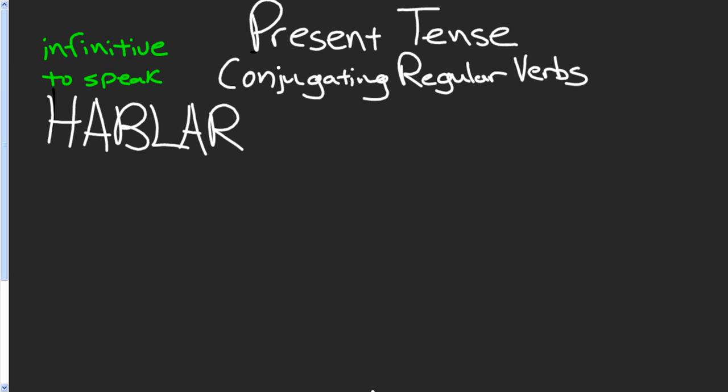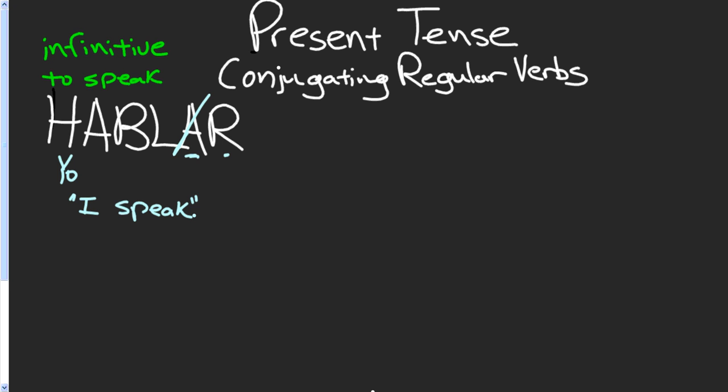We always need to have a conjugated verb in a sentence to make it an actual complete sentence. So we need to change hablar, to speak, into something else. So if we want to say something like I speak, then we need to change the verb hablar to fit the I person, to fit the yo form. And the basic process for that is to take our infinitive, hablar, and then take the two letters off the end.